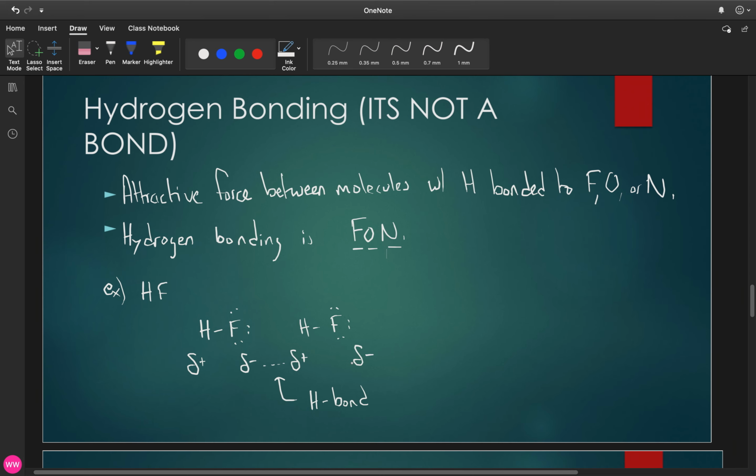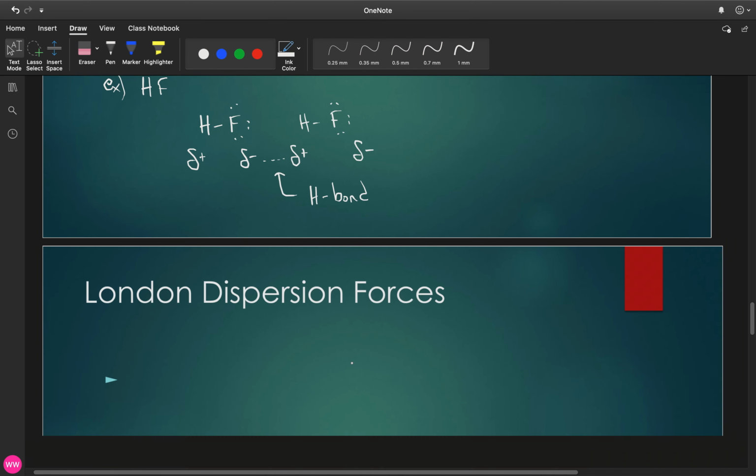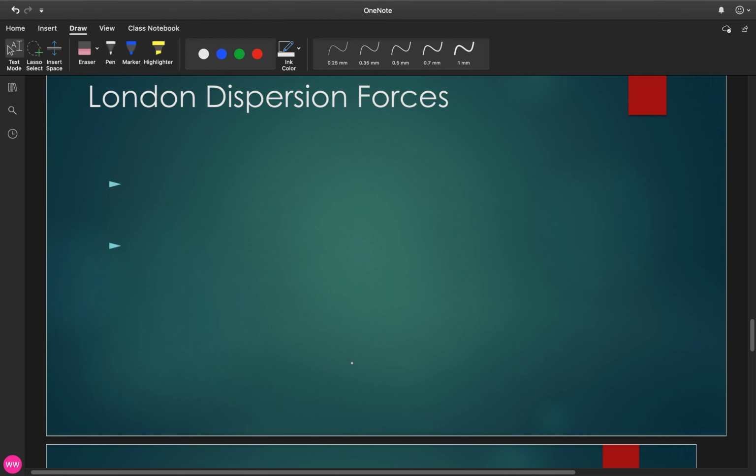Now, the last type of intermolecular force is really interesting. It's really cool. It's called the London dispersion force. Now, as far as the London dispersion force goes, it's important for us to understand that even molecules that don't have a polar moment, a dipole moment, can exhibit attractive forces between themselves, and that's because all molecules contain charged subatomic particles.